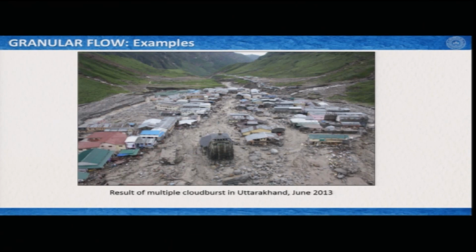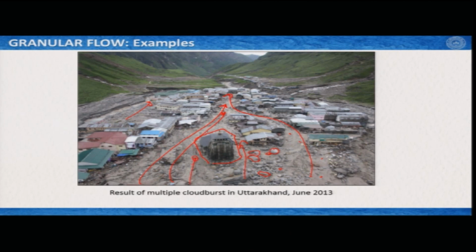Now if you think of examples, one of the recent devastating ones I can cite, which you can see in this image, is the multiple cloudbursts that happened in June 2013 in Uttarakhand, India. In the middle you see the Kedarnath temple standing, and you can figure out the various boulders, pebbles and sand-size grains all over, which flew with the aid of water along this direction.